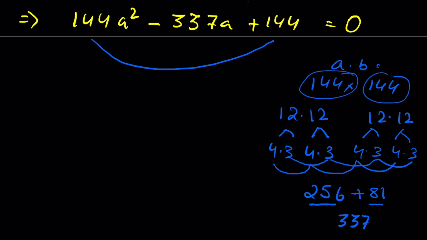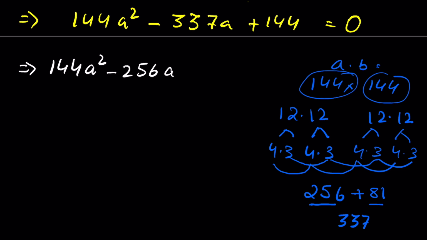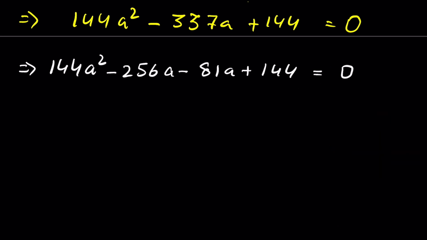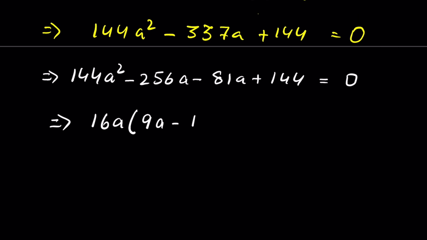Therefore, we can factorize it as 144a square minus 256a minus 81a plus 144 is equal to 0. Or we can take 16a common and write 16 times 9 is 144, so 16a times 9a minus 16, minus, again here we can take 9 common and write 9 times 9a minus 16 is equal to 0.